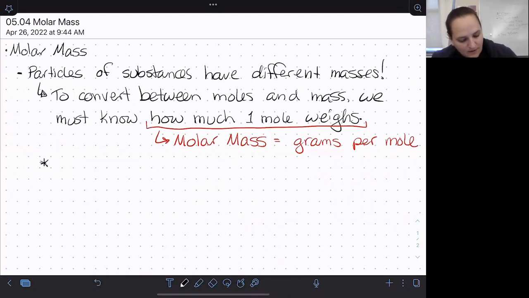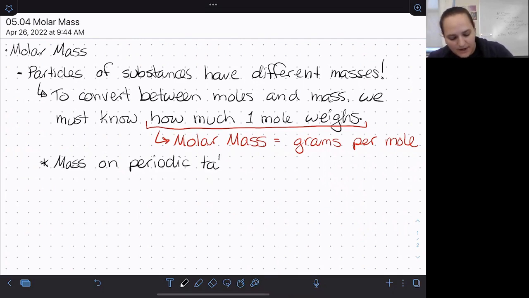Because of the way that Avogadro's number is defined and the mole is defined, the mass on the periodic table can actually be interpreted 2 different ways.